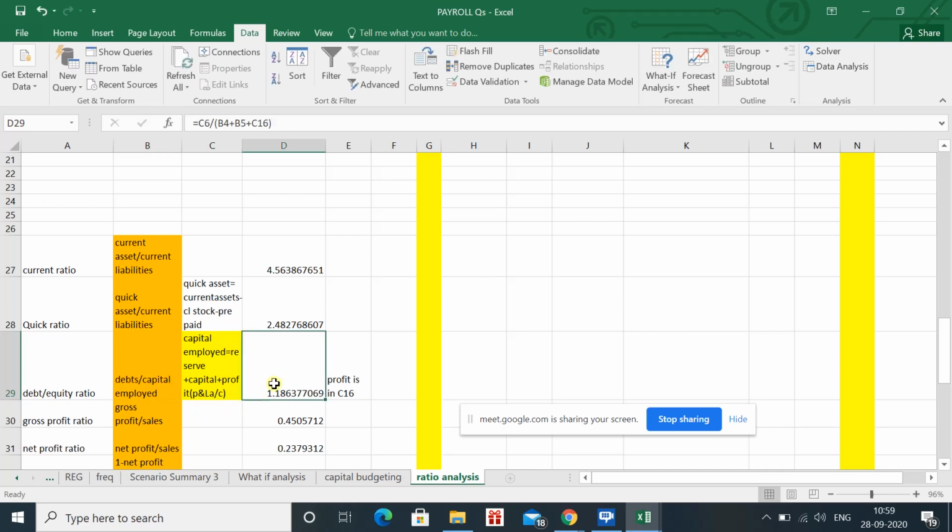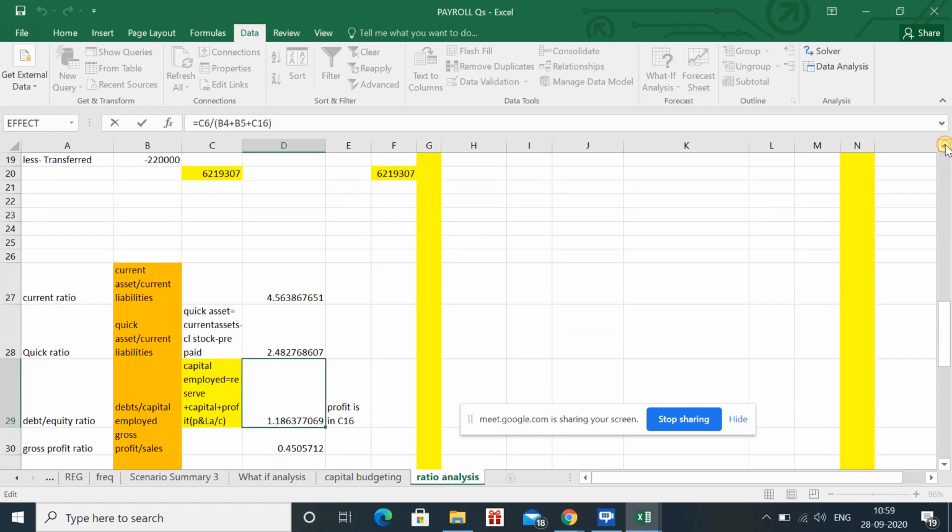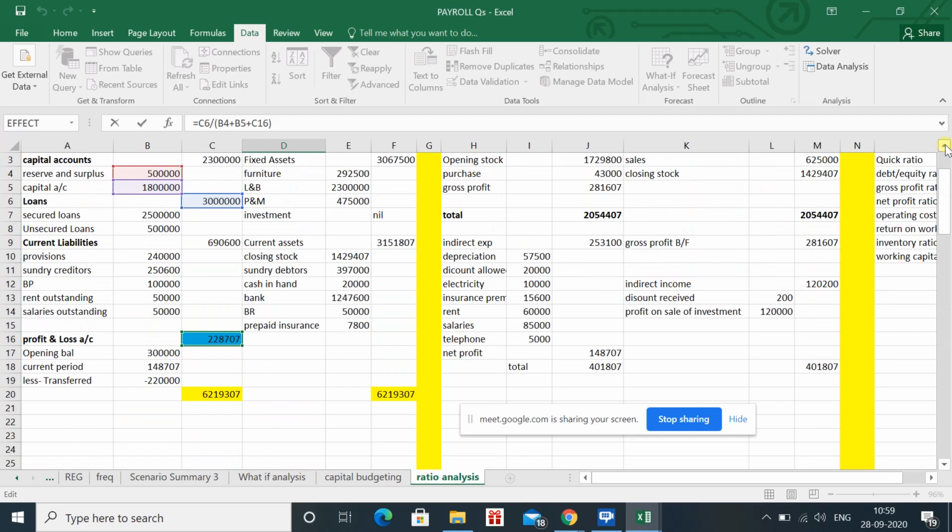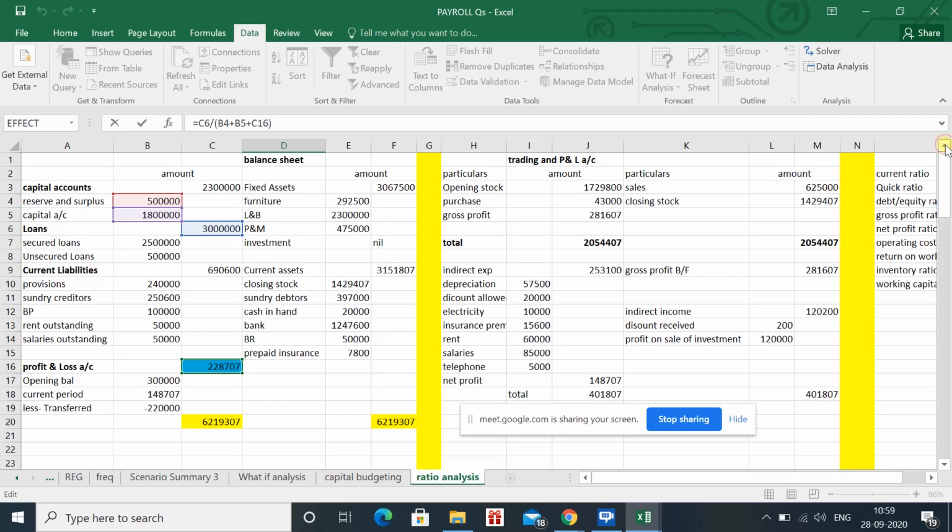Now I'm showing you the formula. You can see I have written C6, that is the loans, divided by the reserve and capital, and C16 is showing the profit which we transfer to the P&L account. Now I'm moving upward to show you what values we have selected. For the formula, you can check the formula bar. C6 is what?